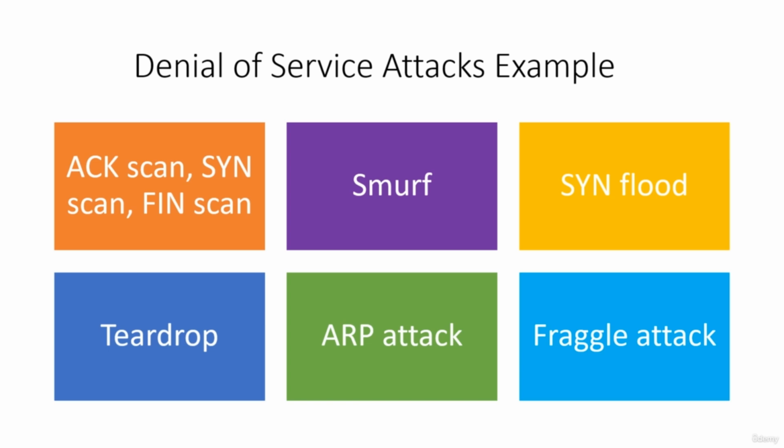The second one is smurf. In a smurf attack, the malicious party will target a network whose configuration allows packets to be sent to all hosts on the network at once. This is accomplished by sending ICMP packets to the IP broadcast address of the network, whereby they reach all computers.